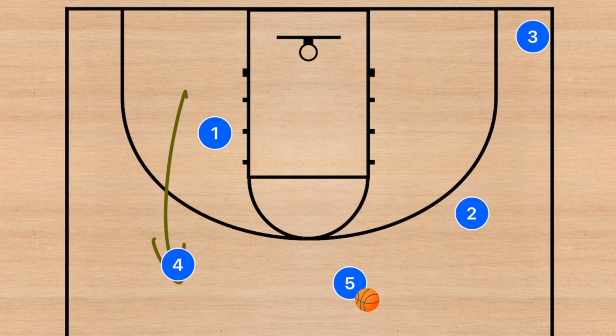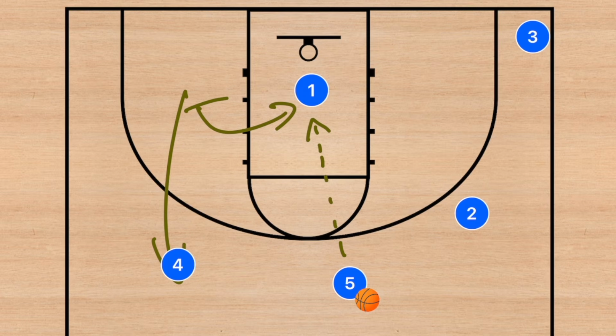Player 4 is going to pop up, and then player 1 is going to roll to the basket, which would then give player 5 an option to pass to either player 1 or to player 4 for the 3-point shot. So essentially, we are either going to get a layup or a 3-point shot in this set.